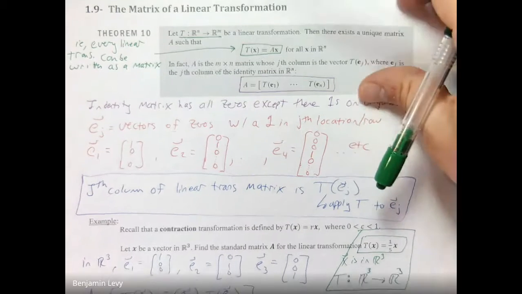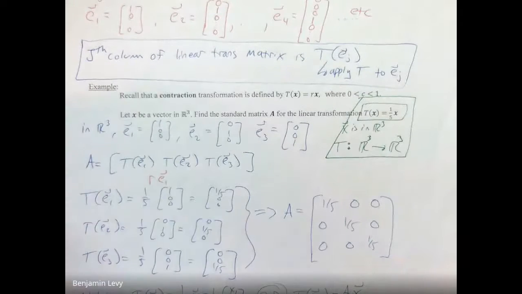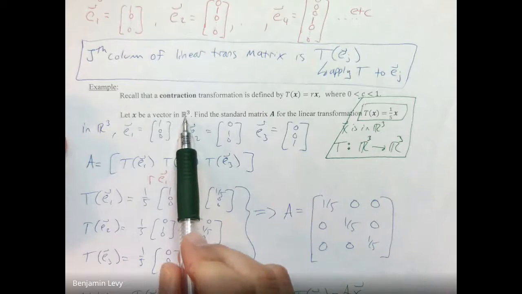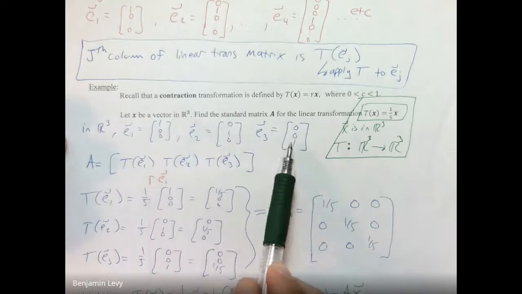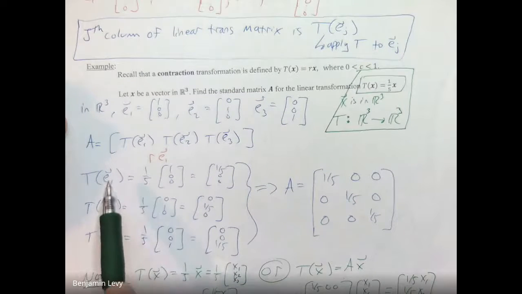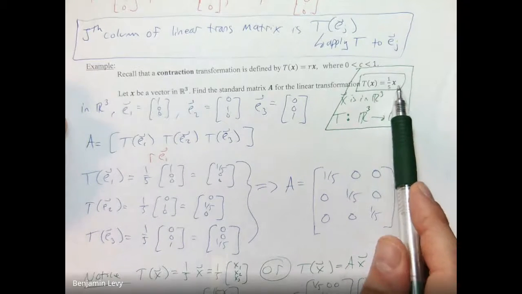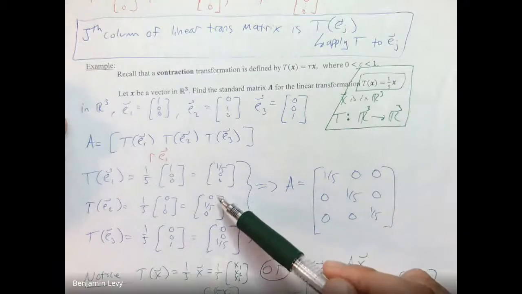Let me run through a couple of examples. Like this first simple one we did, we said, okay, we're in R3, and so here are the columns of the identity matrix in R3, and then we applied this transformation to each one of those columns. And when we applied the transformation, which in this case was just multiplying by 1/5, it just became these columns.